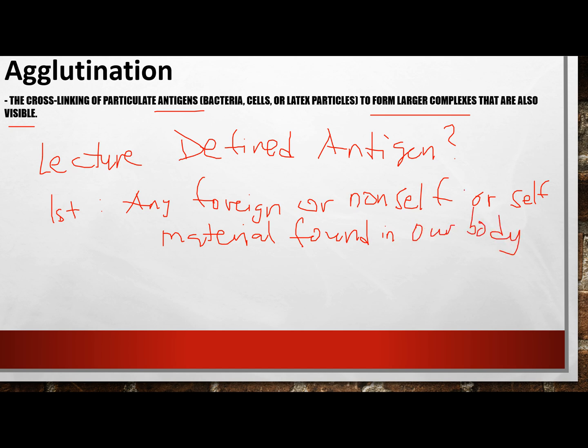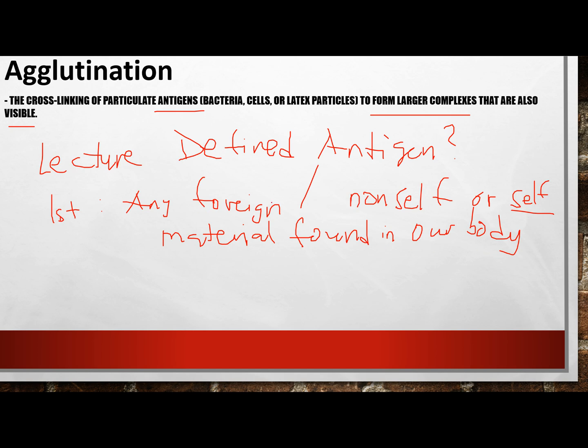So let me repeat. The first definition of an antigen is that it is any foreign slash non-self or self material found in our body.